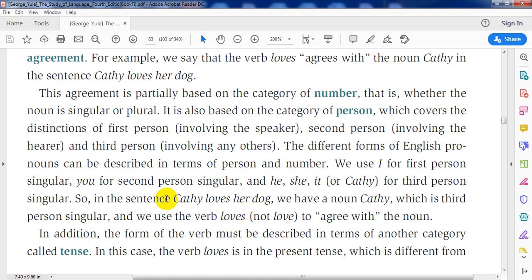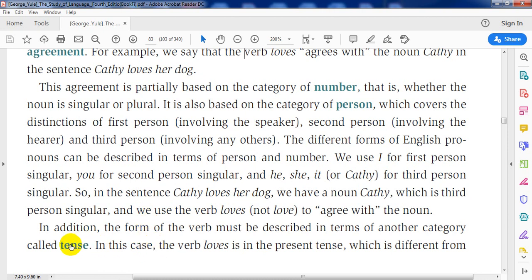So Kathy loved is different from loves. This is in the present, while she loved is in the past. So we also have agreement of tense.